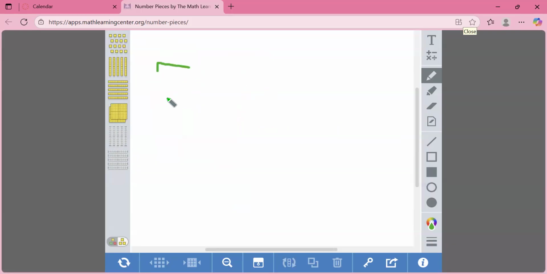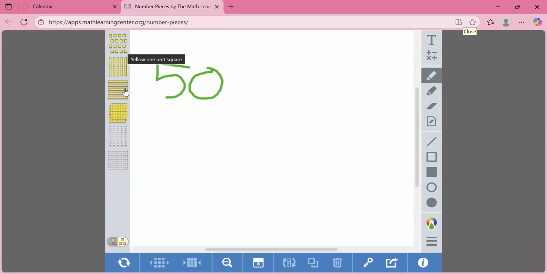Whoa, great answer. You are correct. We could use 50 of the single ones, but I feel like it would take a long time to count each single one. Do you know a more efficient way we could represent 50, a quicker way that takes less time?